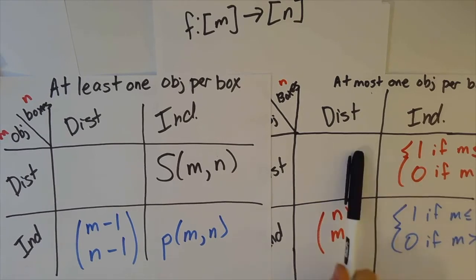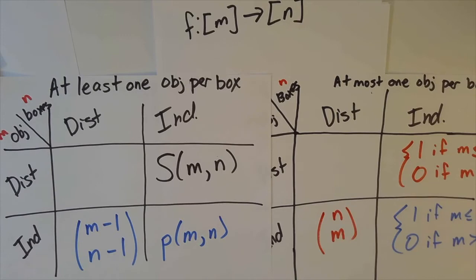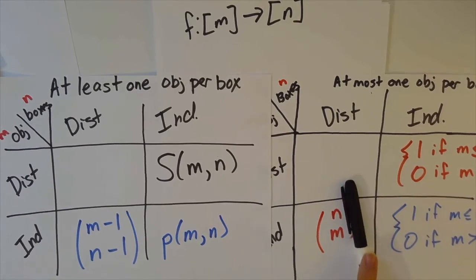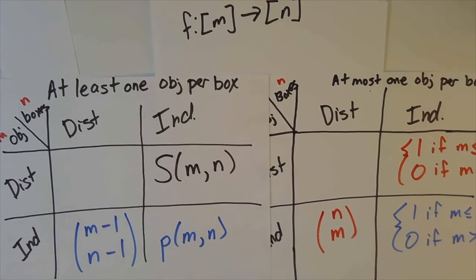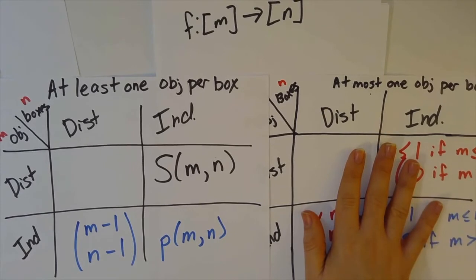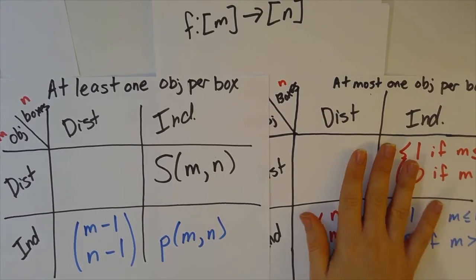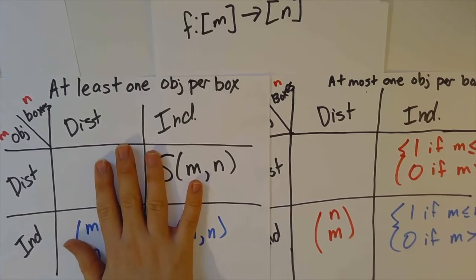Namely, this statement that at most one object goes in each box corresponds exactly to saying the function is one-to-one. And this statement that at least one object goes in each box corresponds to saying that the function is onto. So this is really asking how many one-to-one functions are there from m to n. This is really asking how many onto functions are there from m to n.